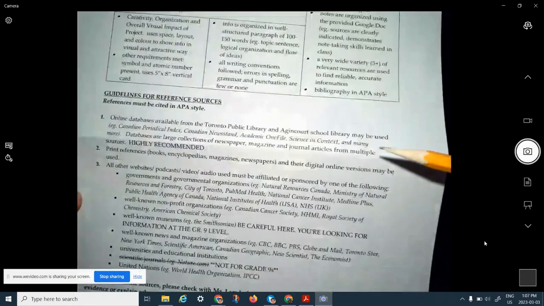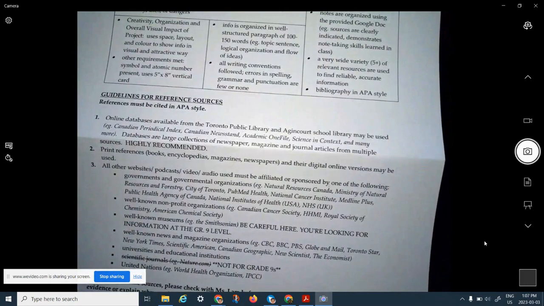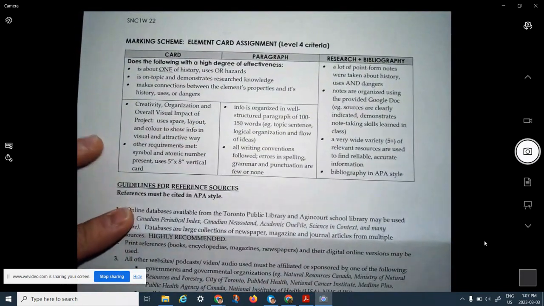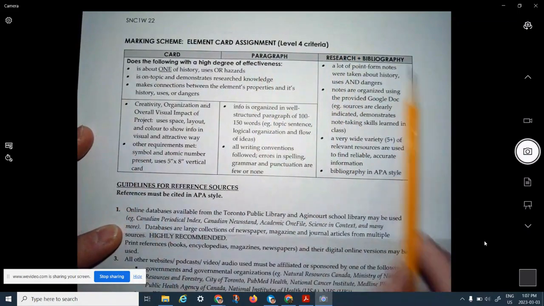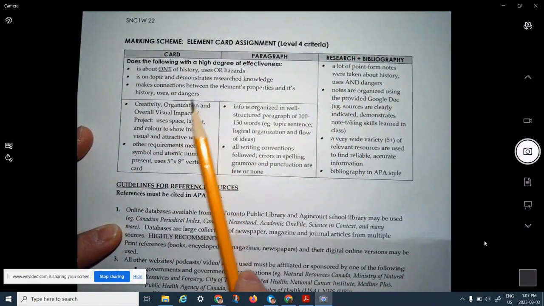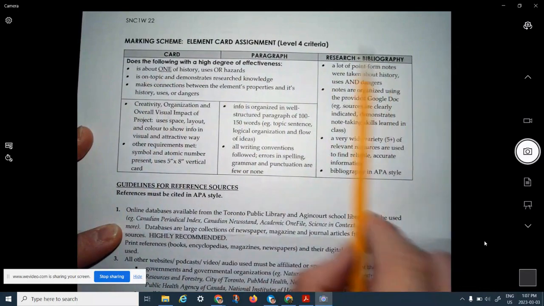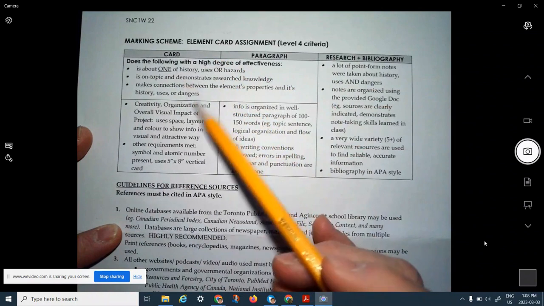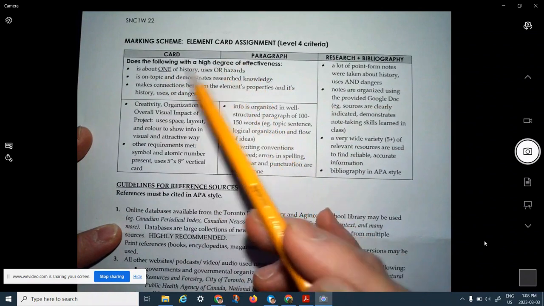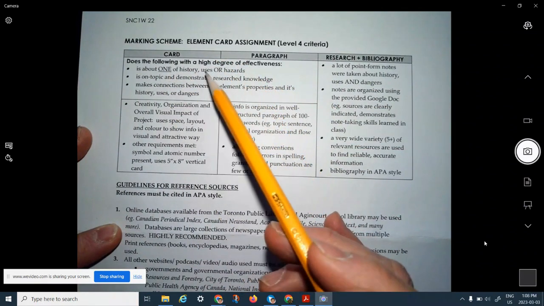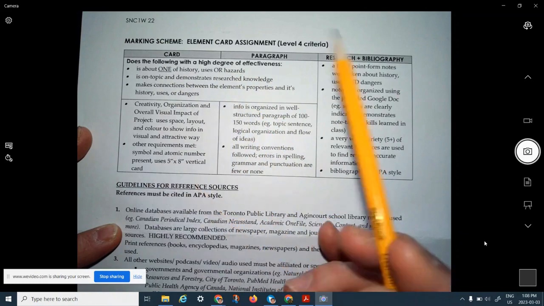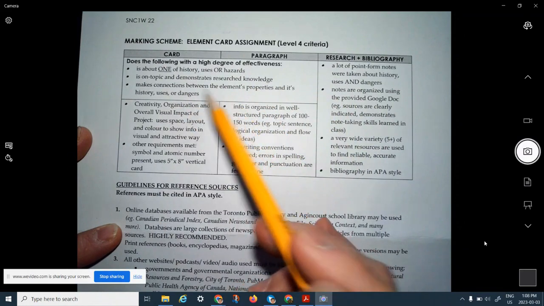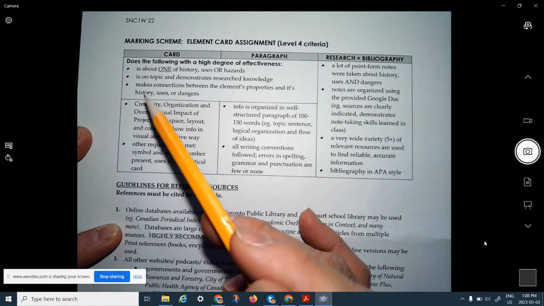So let's look at, oh, hey, look up here. This is the success criteria for level 4. To get a level 4, you need to make sure you show effectiveness: history, uses or hazard, on topic, demonstrate knowledge, and connects properties.